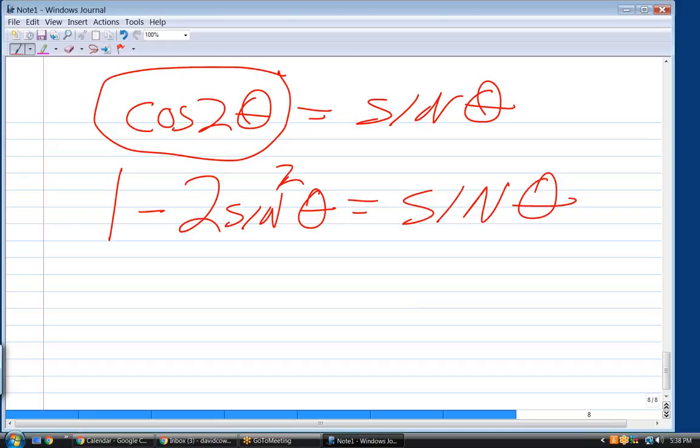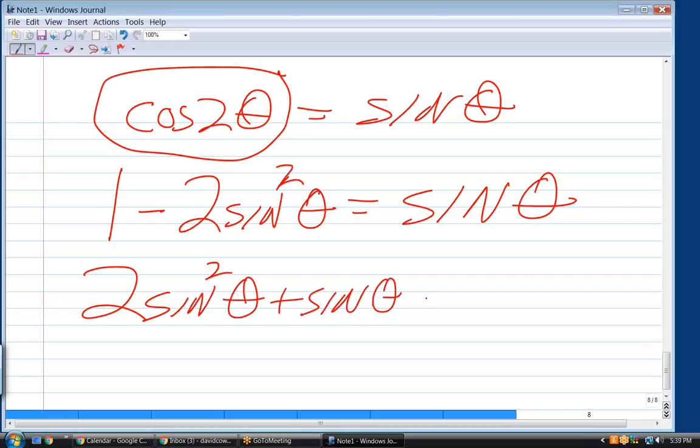And I can solve it by factoring it just like I would factor any quadratic. I'm going to put everything on one side. So I get 2 sine squared theta plus sine theta minus 1 equals 0.